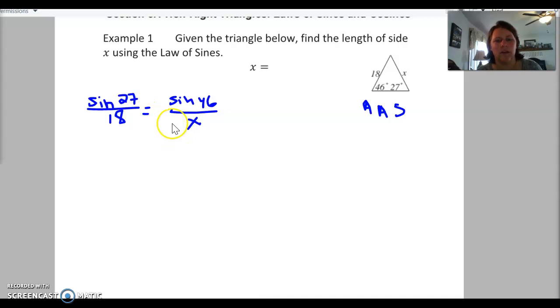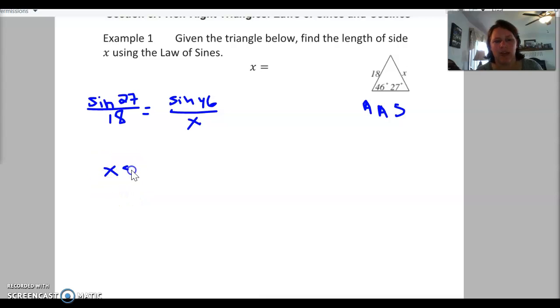Okay, and then from here I need to solve for x. So this is an example of where I could have used my sides in the numerator since it's the side that I'm looking for. To me it really doesn't matter because I'm just going to cross multiply and solve everything anyway. But that is up to you guys. That is an option that you can do. Just for some reason I always tend to just do it this way.